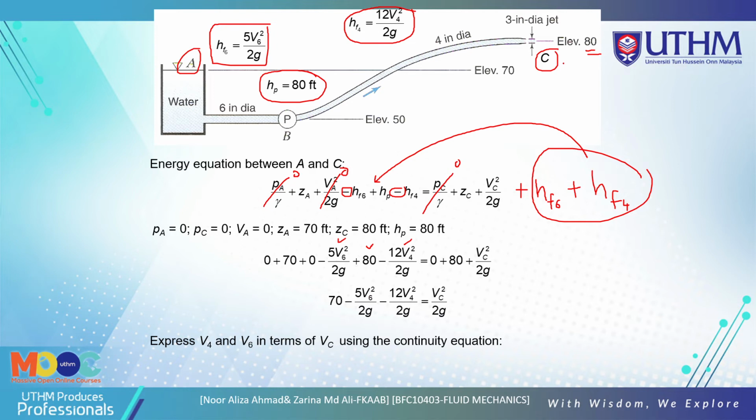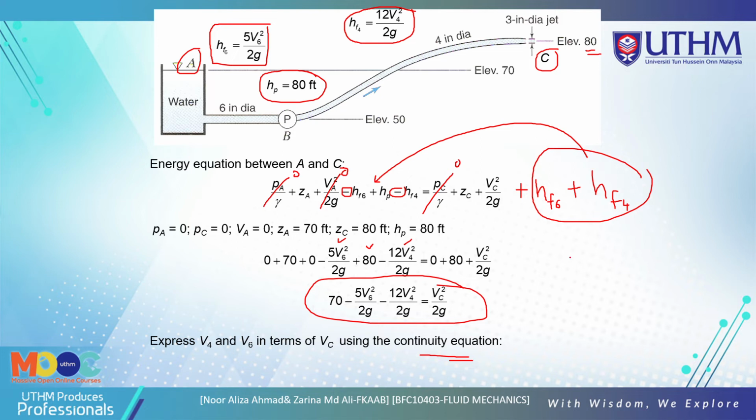So dia nak dapatkan to express the velocity along this pipe. So we get here until we get this formula. So express V4 and V6 in terms of VC using the continuity equation. So you must use the chapter 3 continuity equation.